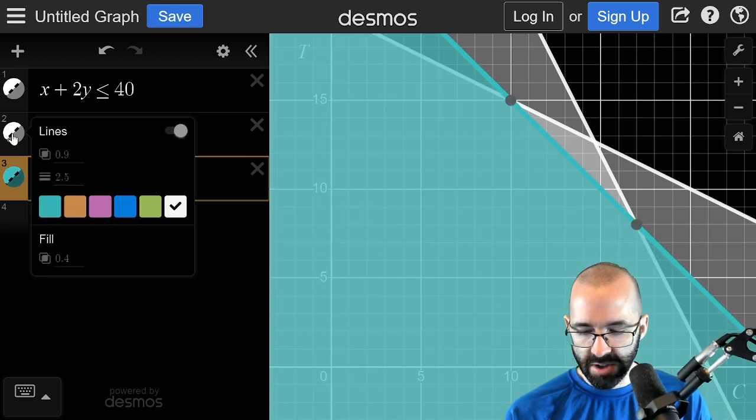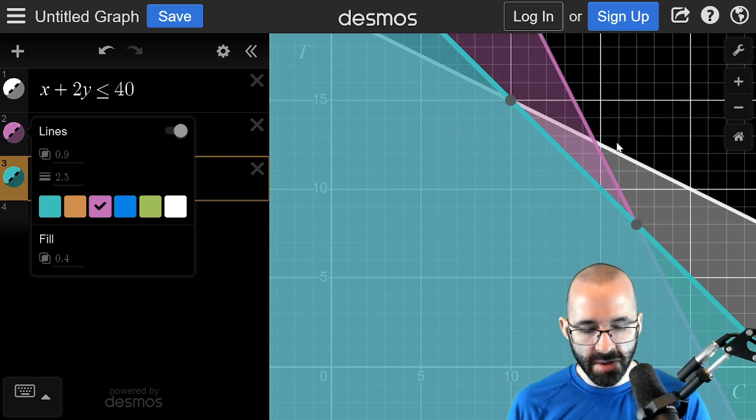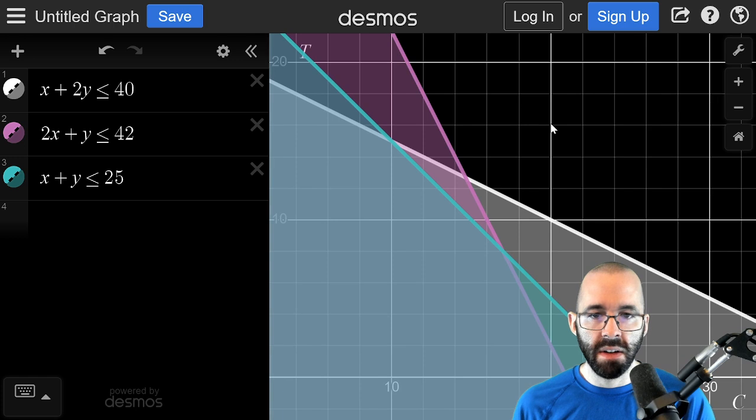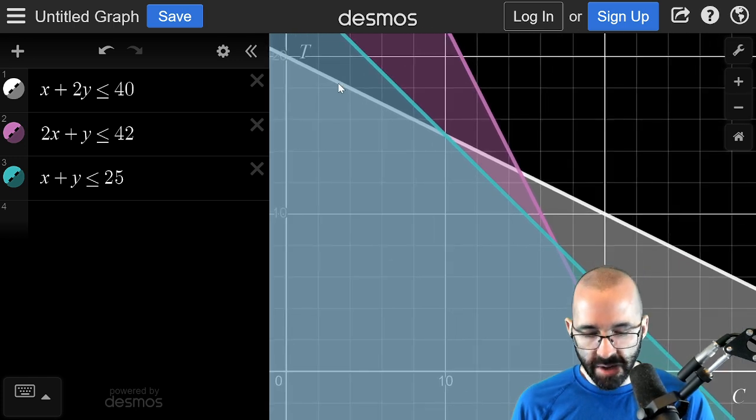All right, let's change to different colors. So we have to be left of purple, under white, under blue, and in the first quadrant. I'm trying not to block it myself. But where's the intersection of all of these three areas?